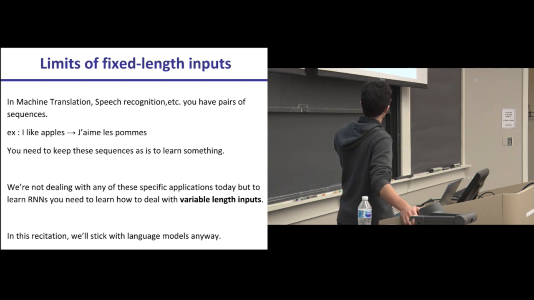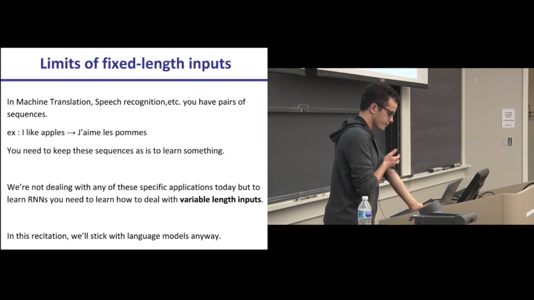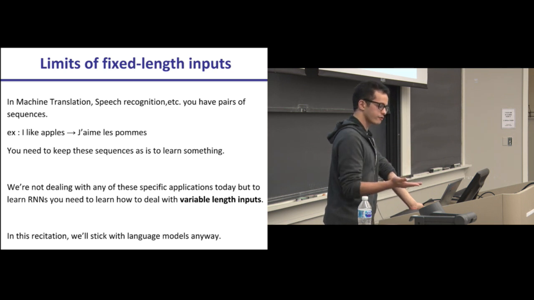If you take the first half of the sentence, you don't know what part of the labels are predicting that. Basically, you have to deal with the inputs as they're given to you. So you have to do variable length RNNs.